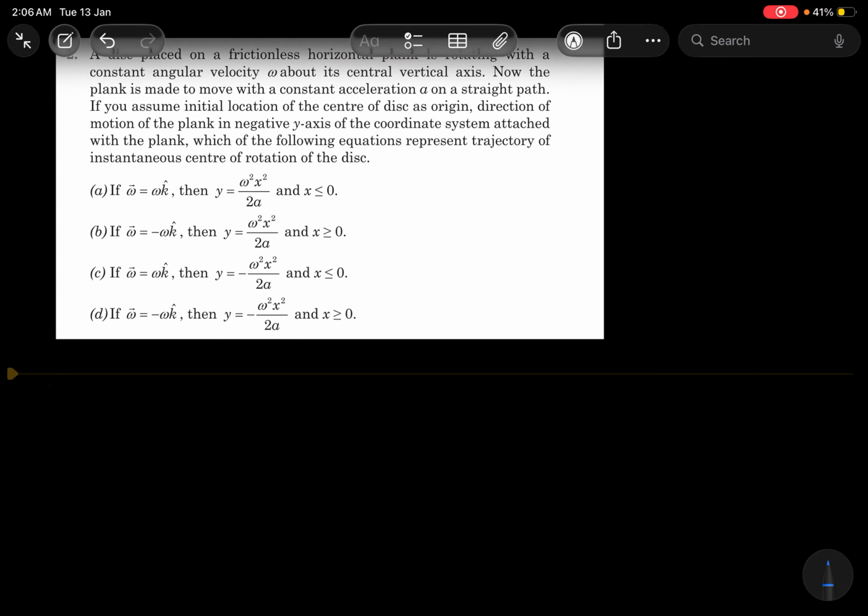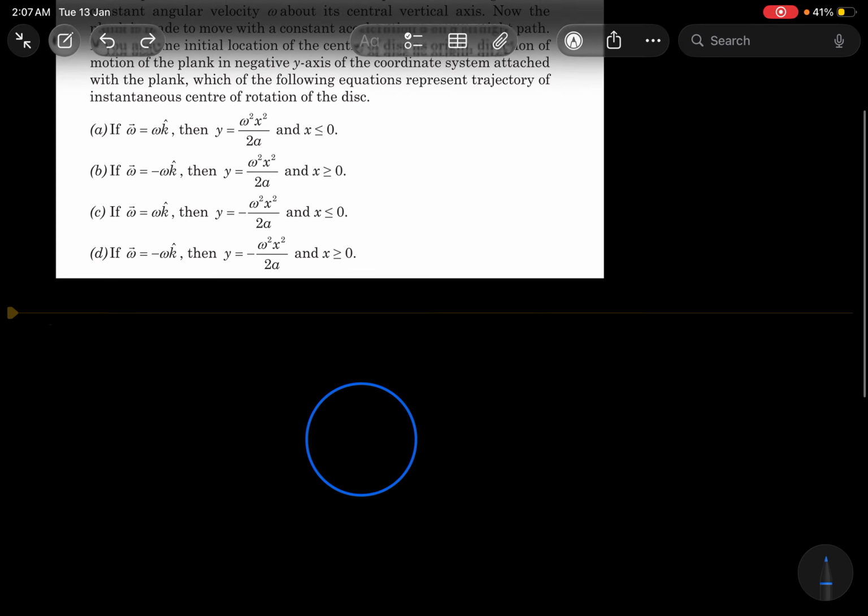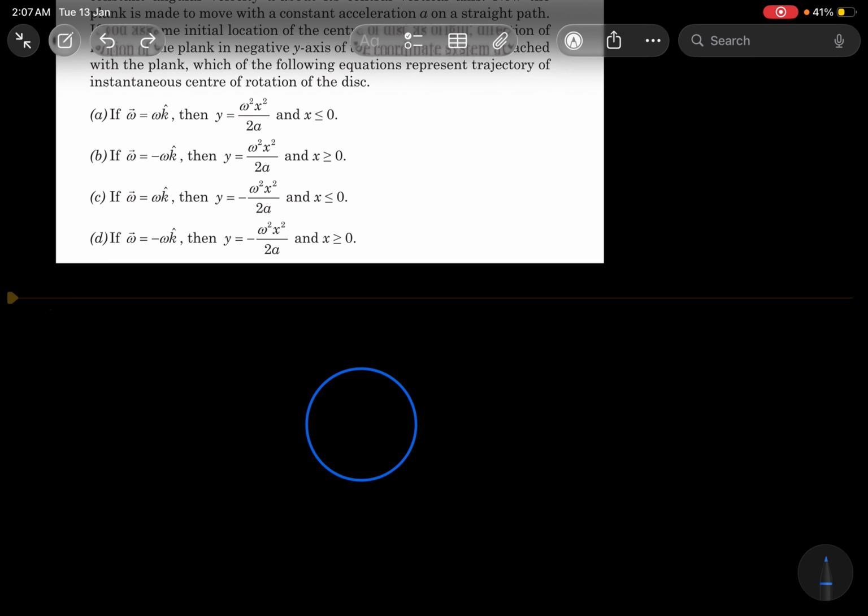So let's just draw a little bit of the diagram. So we have this disk, and there's this plank underneath it, and what the plank is doing is going in the negative y-axis direction. So let's say the plank is going here, so the disk will go here.